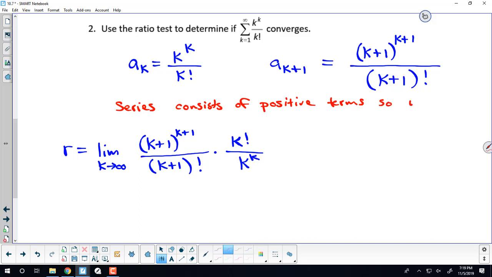So we do not need absolute value in our ratio test. But even if you had an alternating series, you could use the ratio test. You take the absolute value of the alternating part, so it's just always positive. It's just a sub k.